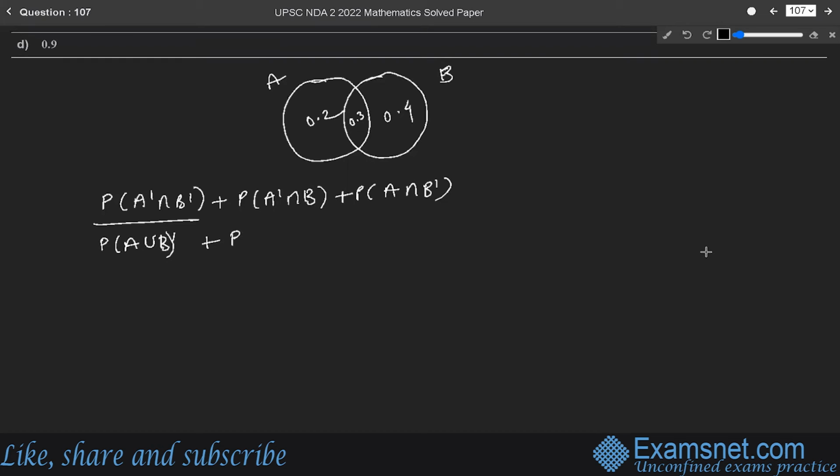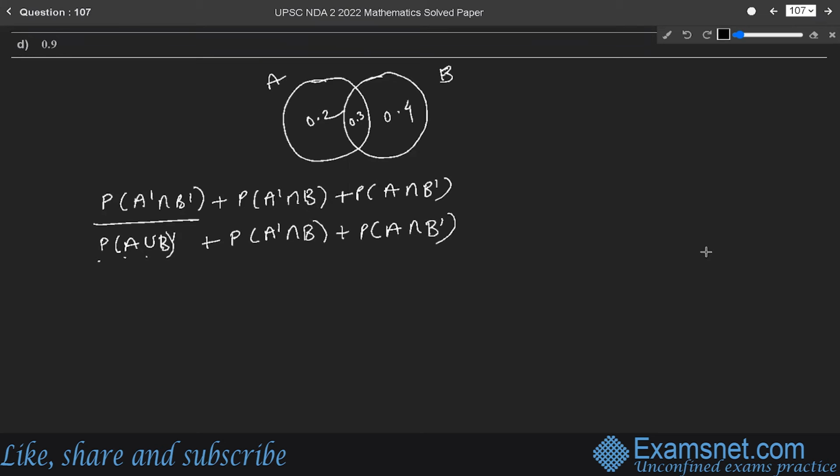Then the next terms will be the same only, P of A complement intersection B plus P of A intersection B complement. Now, by looking at the diagram, we can write the value for P of A union B complement. It means that we have to leave the portion A union B and take the rest, because A union B complement means not A union B.